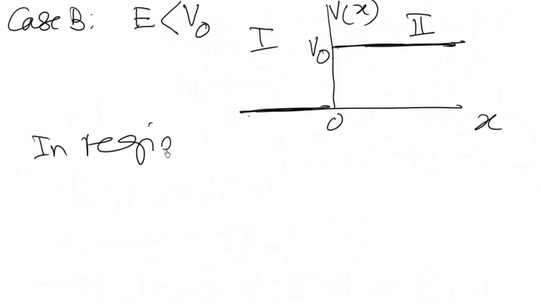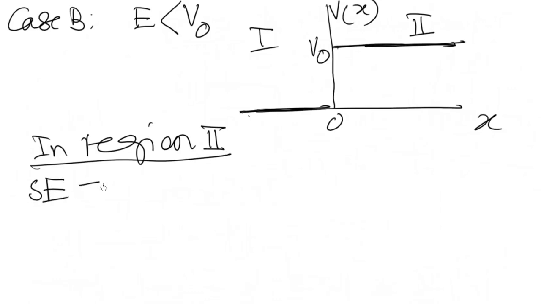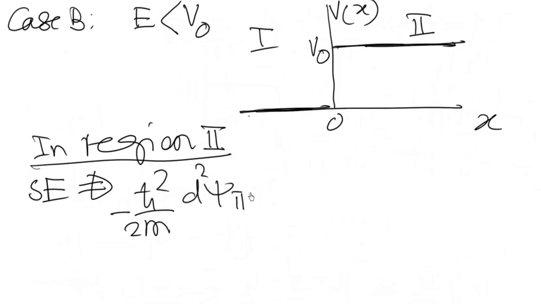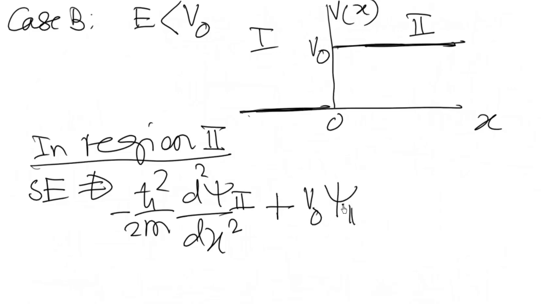In region 2 the Schrodinger equation becomes, with psi2 the wave function in region 2, minus h bar squared by 2m d square psi2 by dx square plus V naught psi2 equal to E psi2.